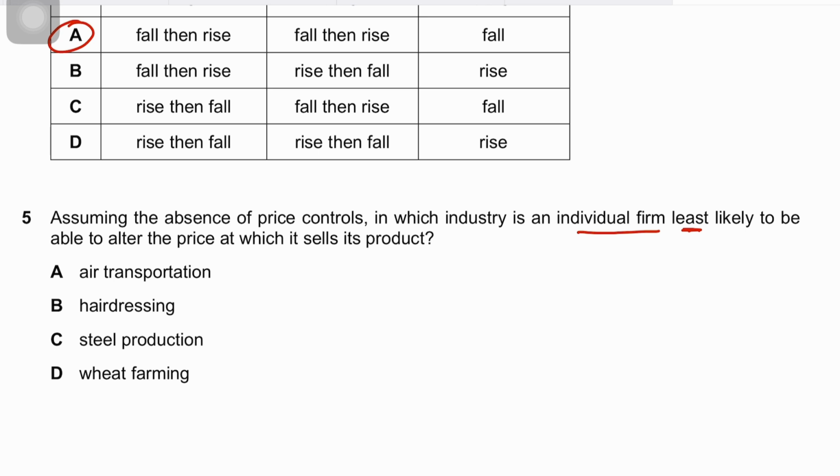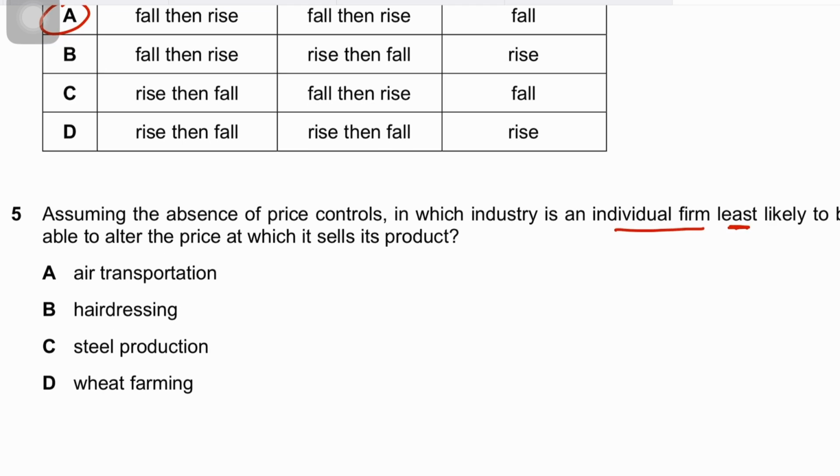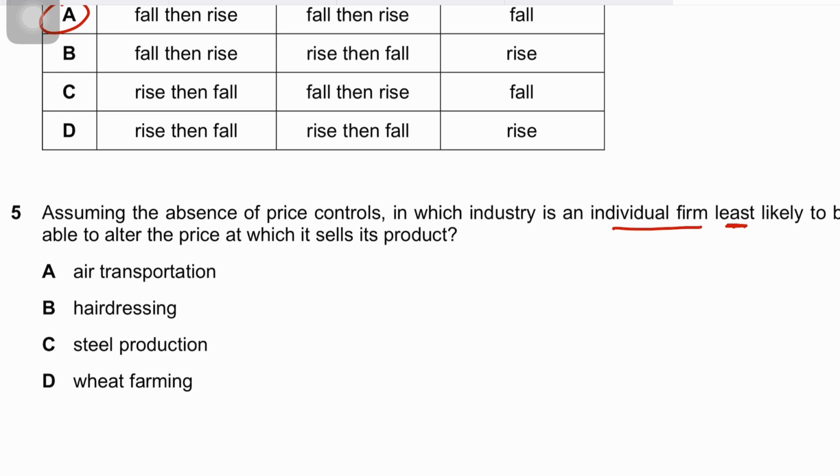Individual firms in hairdressing would also have some ability to set prices based on their brand, quality, or service differentiation. So the correct answer should be wheat farming, because it's a classic example of a perfectly competitive market where there are many small farmers producing homogeneous products. Again, no single farmer would be able to influence the market price, and hence they would be price takers, making D the correct answer.